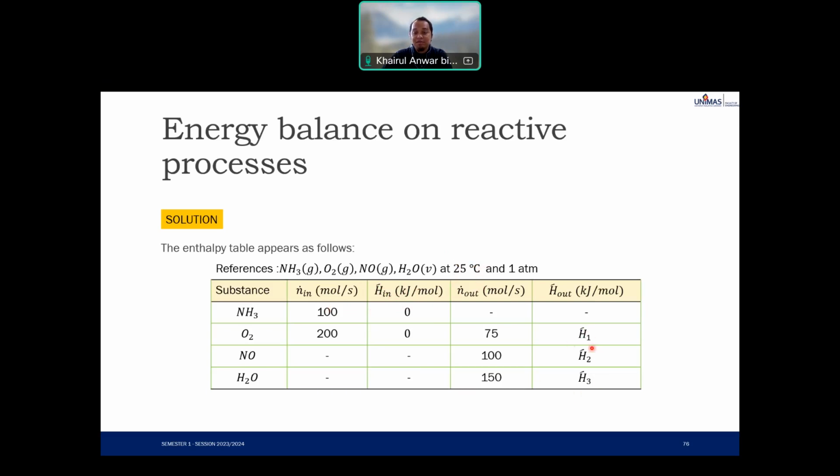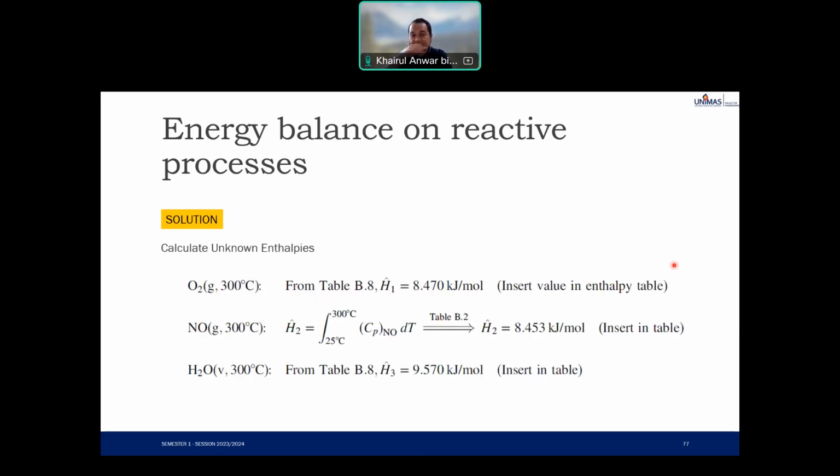You need to calculate H1, H2, H3. And for in and out, normally you need to do the mass balance if the question didn't give you the value. How to do the mass balance? Refer to the non-reactive case, how they do the mass balance. Okay, H1, H2, H3: calculate the unknown enthalpies.